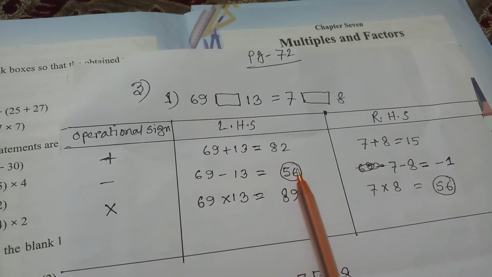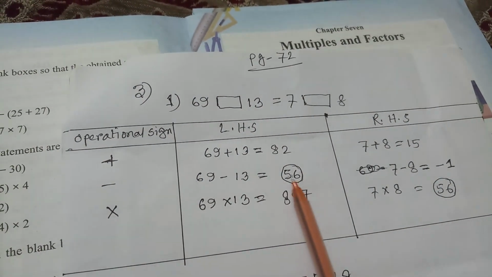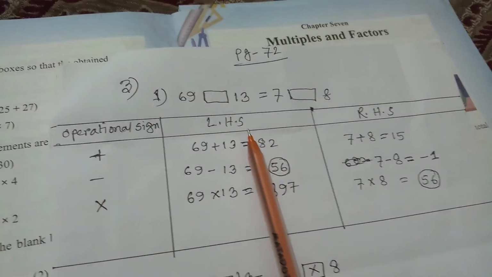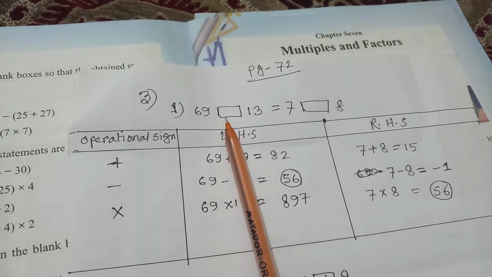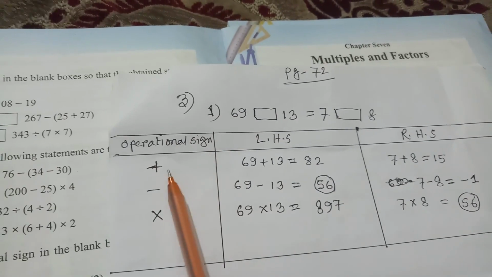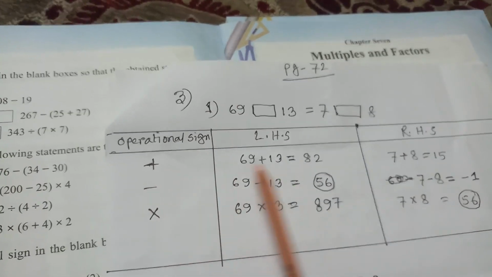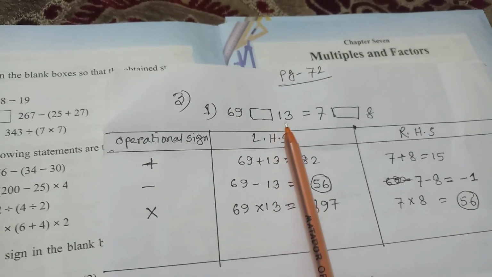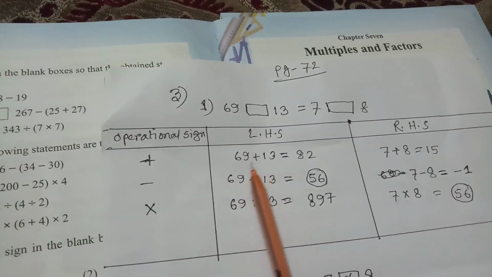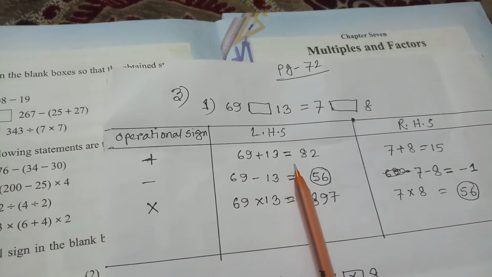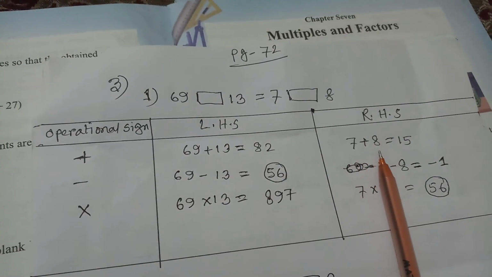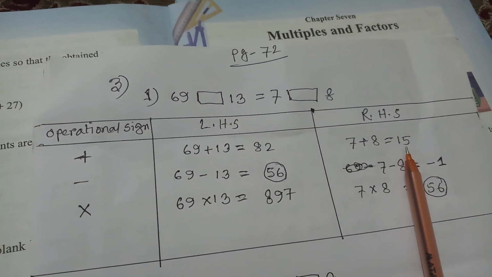Whichever operation matches, that symbol will go in the box. At first, addition: left hand side 69 plus 13 equal to 82, and right hand side 7 plus 8 equal to 15.